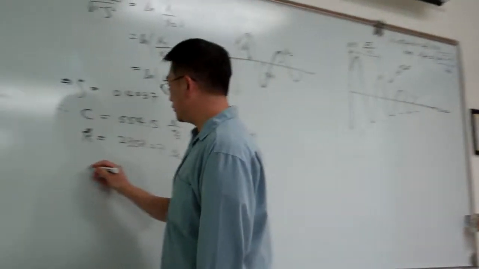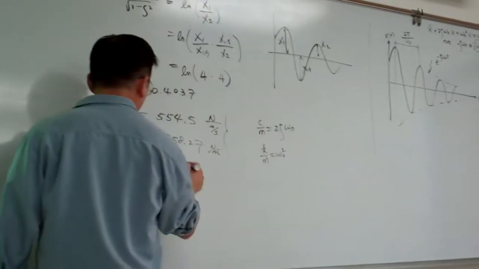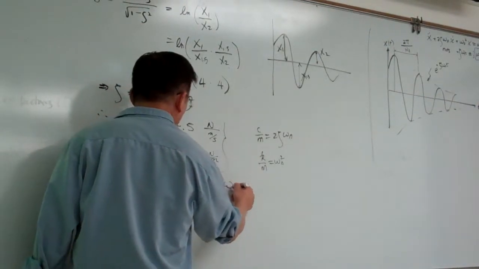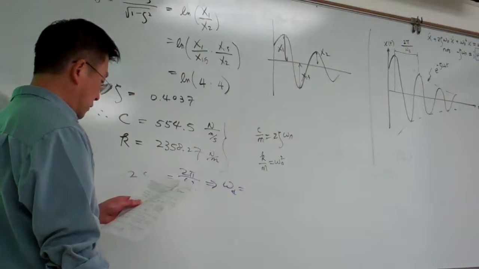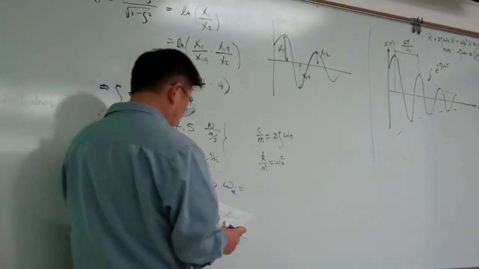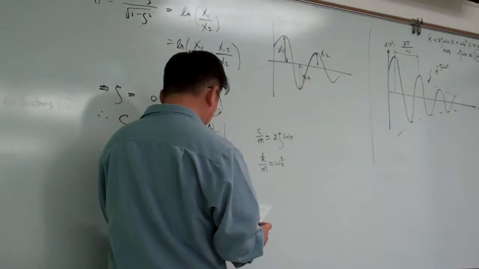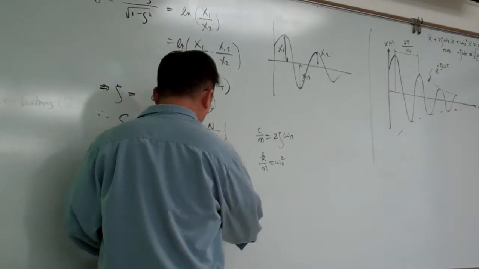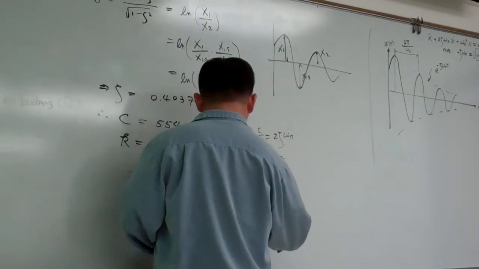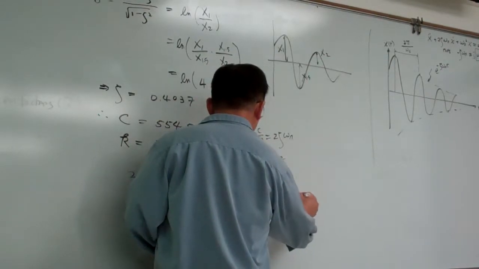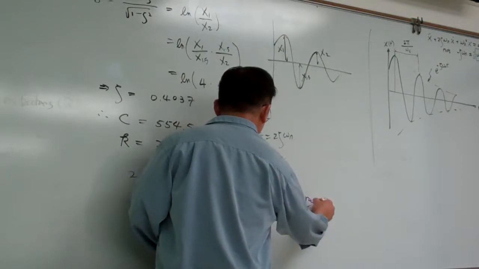So from there, 2 seconds equals 2 pi divided by omega d. So from here, we can determine omega d from this equation, equal to 2 pi divided by 2. So that is 3.1416 radians per second.